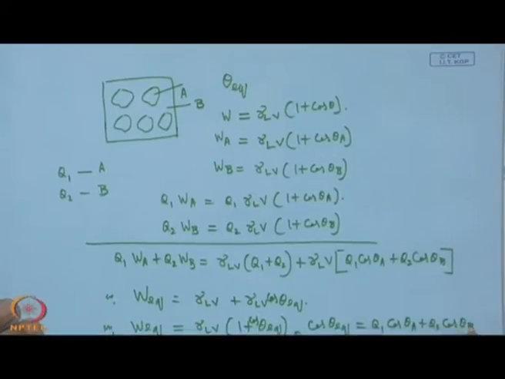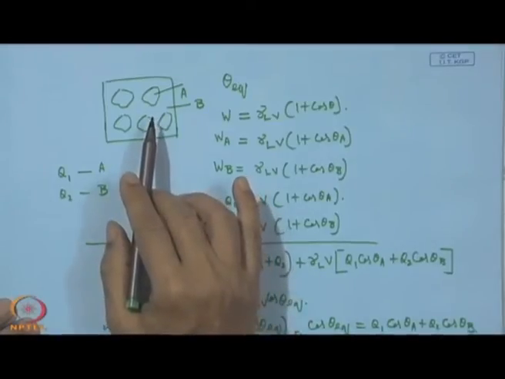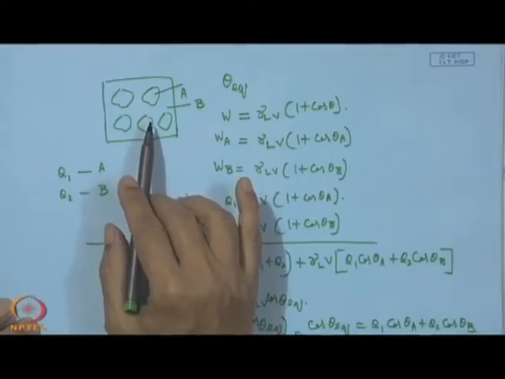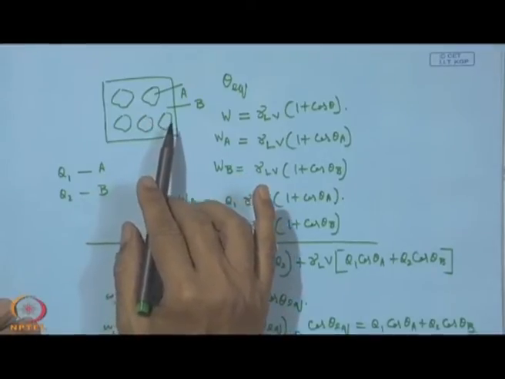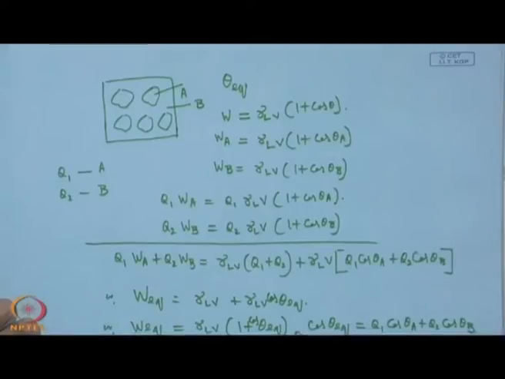The summary of this whole exercise is that if we have component A and component B over a solid surface, and if their proportions are Q1 and Q2, and if theta A is the contact angle for the surface A, and theta B is the contact angle for the surface B, then the equivalent contact angle when we have a dispersion over a matrix will be given by this relation.